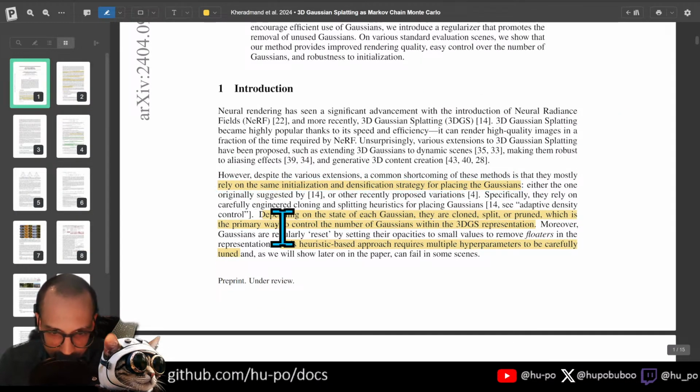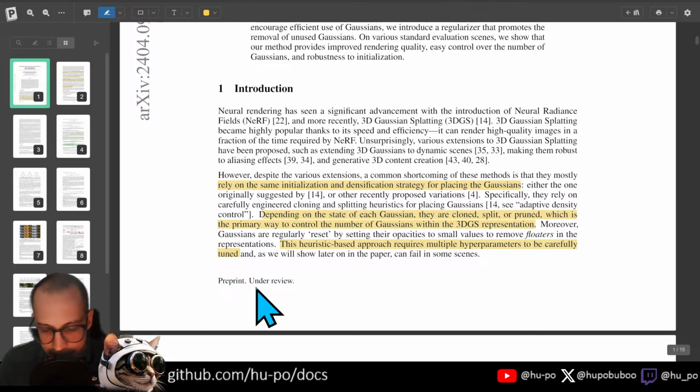So these densification strategies, depending on the state of each Gaussian, are cloned, split, pruned, aka densified or sparsified, removing Gaussians, the primary way to control the number of Gaussians within the 3D-GS representation. However, this heuristic-based approach requires multiple hyperparameters to be carefully tuned.